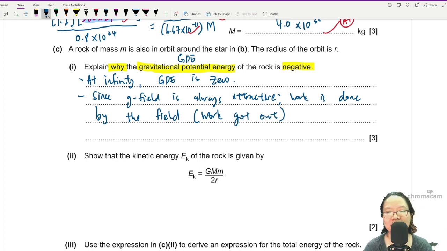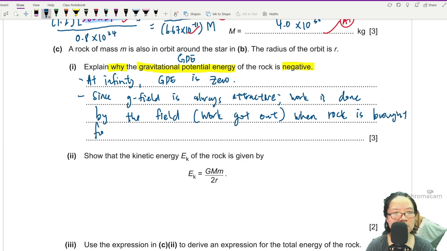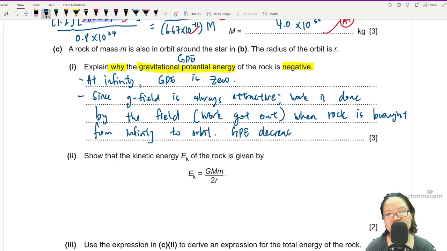So work is done by the field or work got out when a rock is brought from infinity to the orbit. So GPE decreases from 0 and is negative.